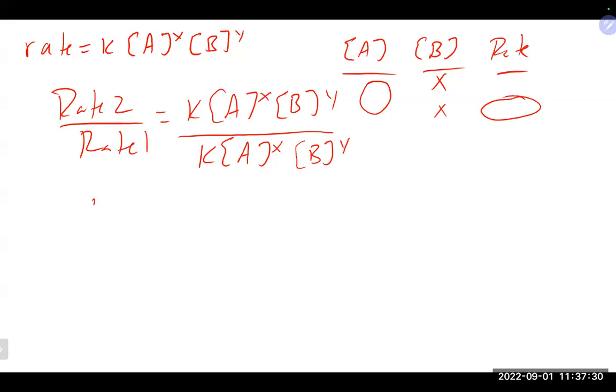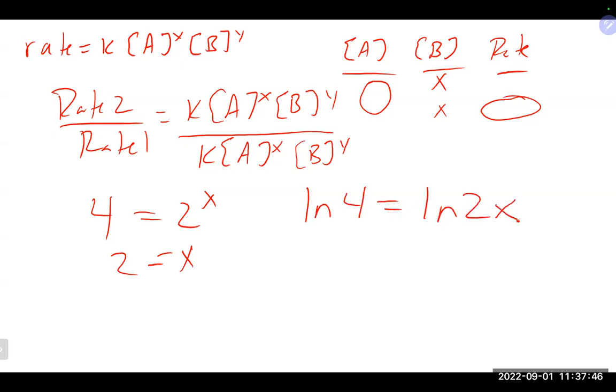If you get to a situation where you can't just figure out what the exponent would be at the end. We did a couple that worked out really nice, like 2 to the x. In this case, obviously, x would equal 2. If you're not really sure, one way you could solve it is to take the natural log of both sides. And when you take the natural log of both sides, that does drop the x down. Then you just divide the natural log back to the other side, and that gives you x.